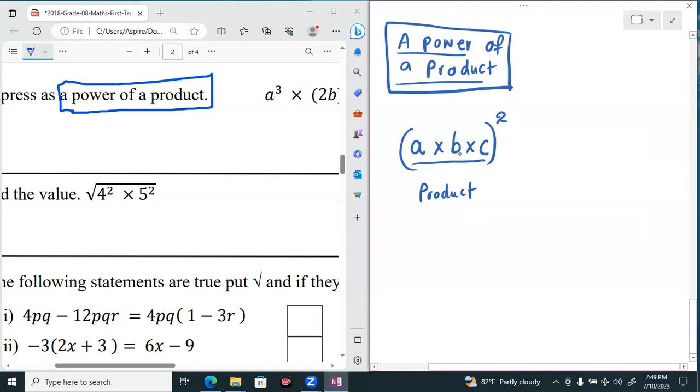It is a times b times c to the power of 2. We can express it as abc to the power of 2. Then this is called the product of a power of a product.